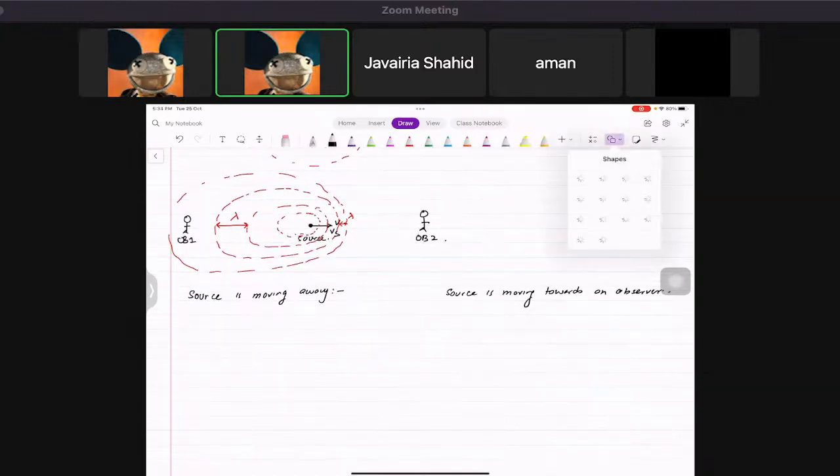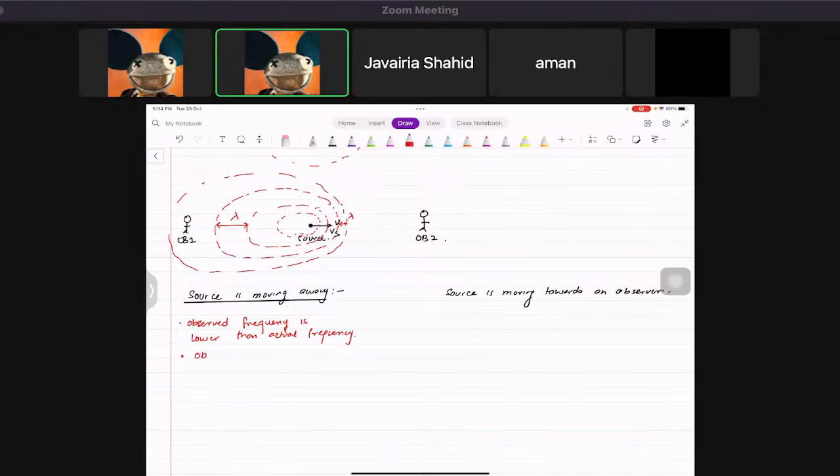In a case when the source is moving away, observed frequency is lower than actual frequency, because if you look at him, observer 1 is experiencing this, that the source is moving away.